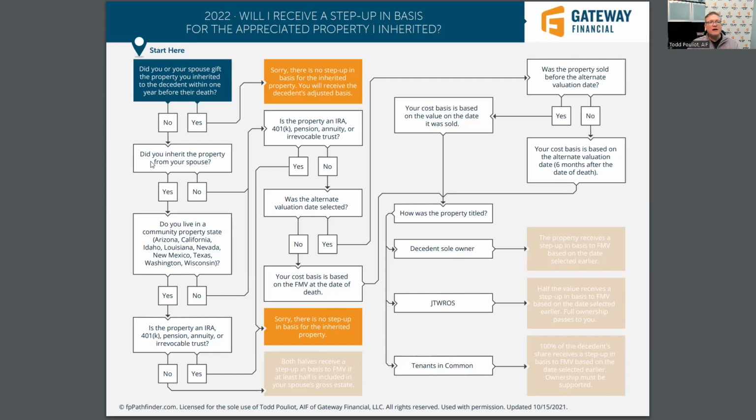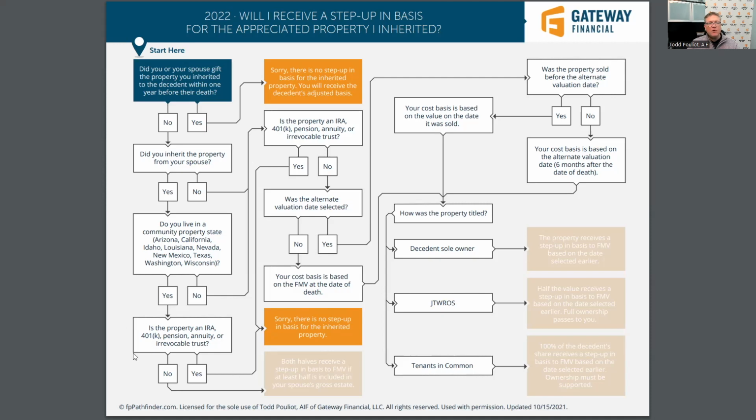Did you inherit the property from your spouse? If the answer is yes, verify with each state whether you live in a community property state, and if you do or do not. So if the answer is yes, is the property in an IRA, 401k, pension, annuity, or irrevocable trust? If the answer is yes, sorry, there is no step up in basis for the inherited property.